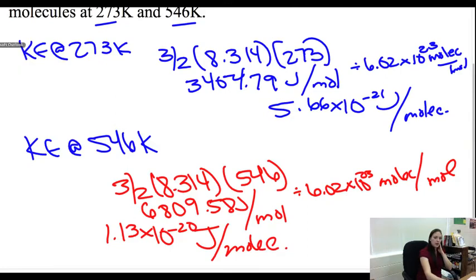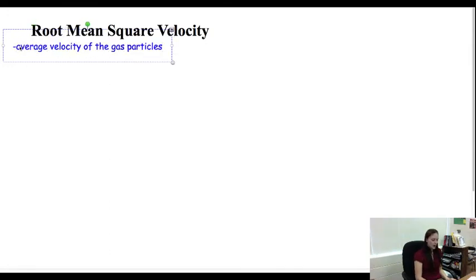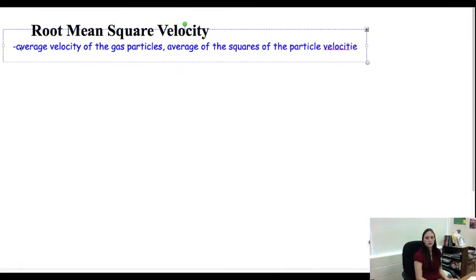Another thing with temperature and movement is what we call root mean square velocity. Root mean square velocity is the average velocity of the gas particles. It's actually the average of the squares of the particle velocities, which is why it's called root mean square.